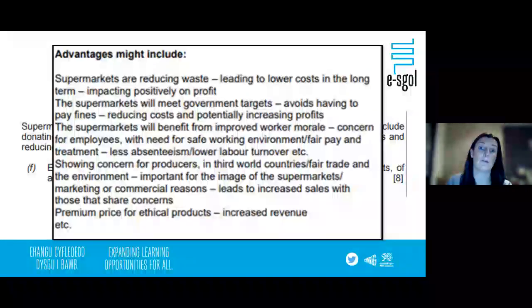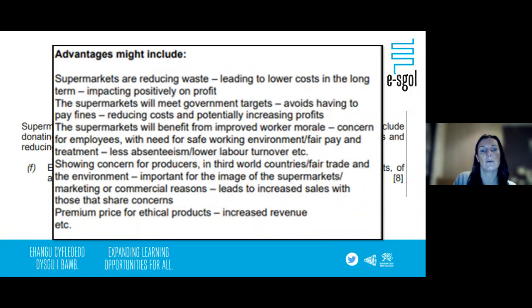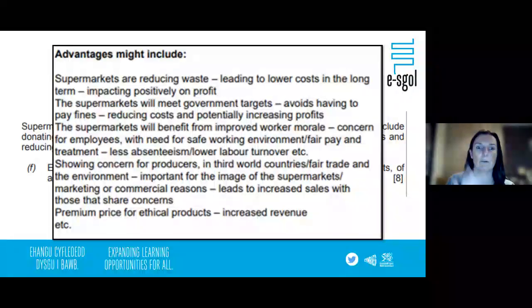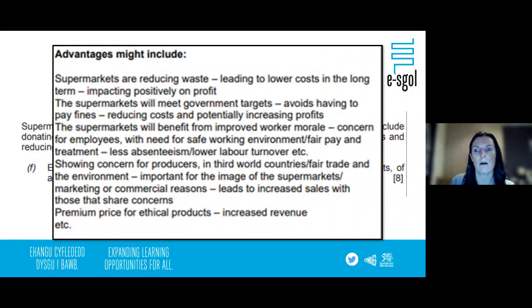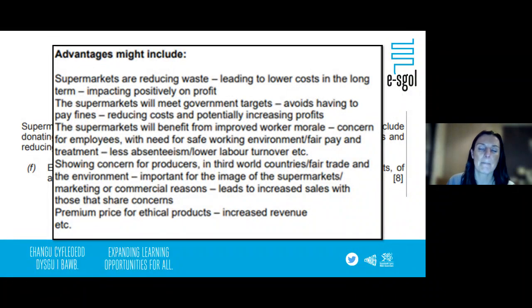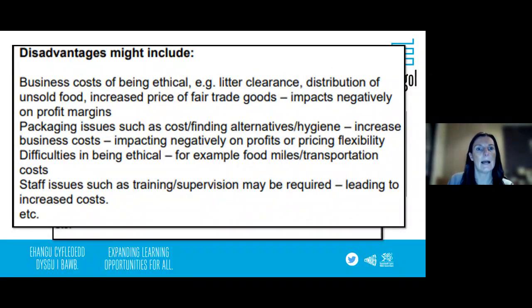You could have talked about those sort of things, but with the mark scheme, you've got to remember that this is a very basic form, and it's your job to put together good paragraphs. It's 8 marks, so if you did 2 fairly good paragraphs, I would say that you're likely to get the 8 marks with that.